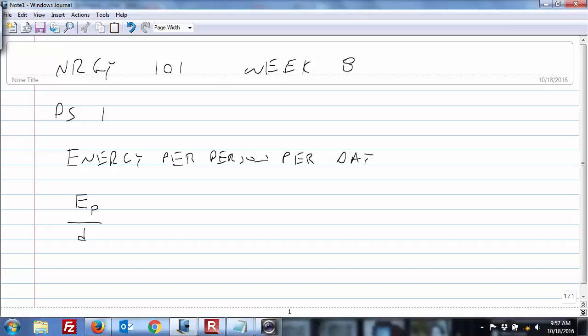Well, because you want to set up as a fraction, and we use E for energy, and what kind of energy? One person energy, and then there's D for day. So you can even think of it as a slope of a line, rise over run.